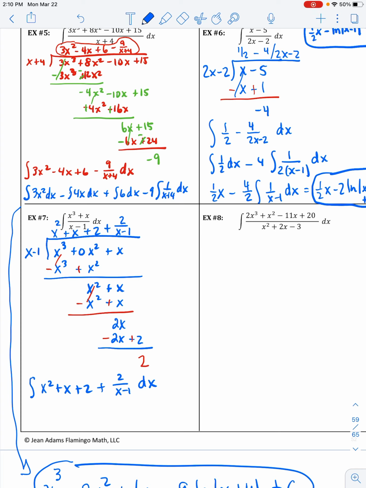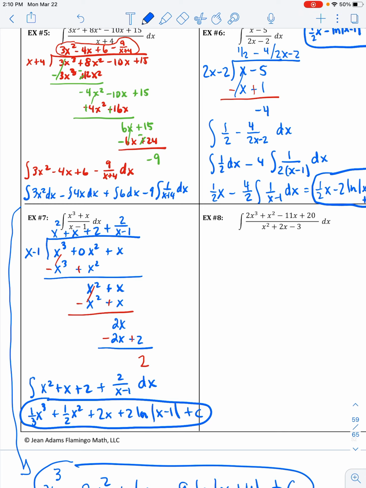Excuse me. And so this would be 1/3 x to the third plus 1/2 x squared plus 2x plus 2 times the natural log of the absolute value of x minus 1 plus c. That is an acceptable answer.